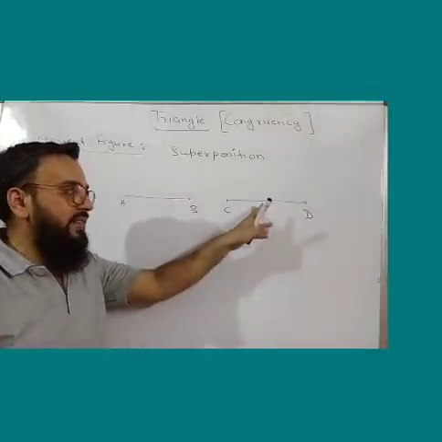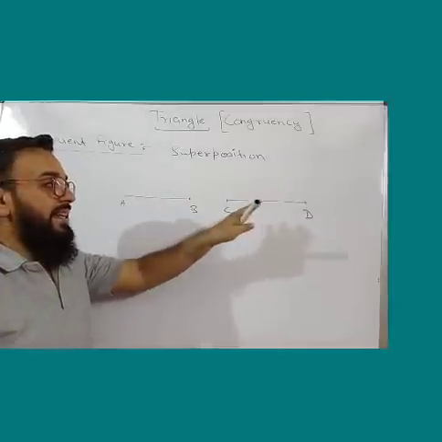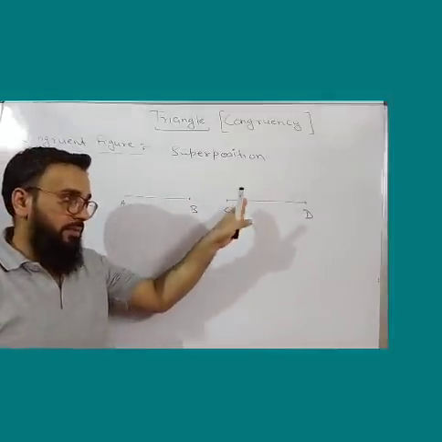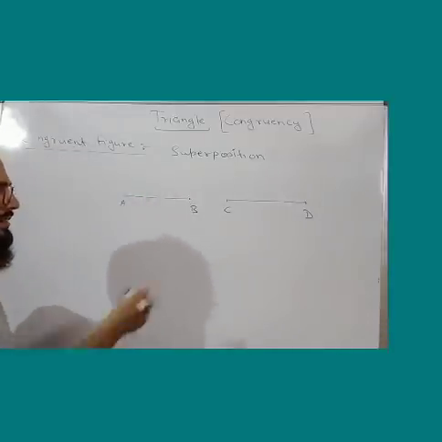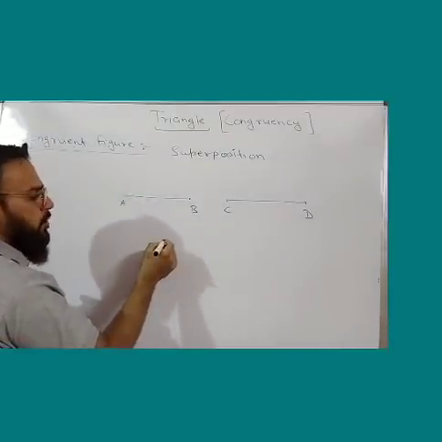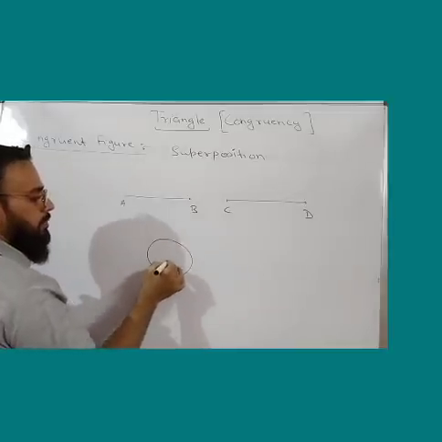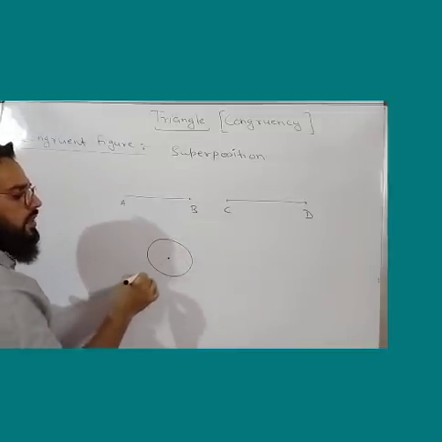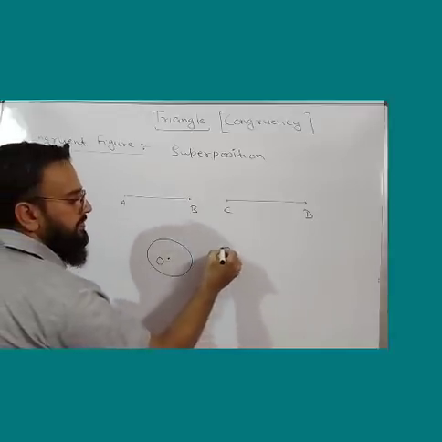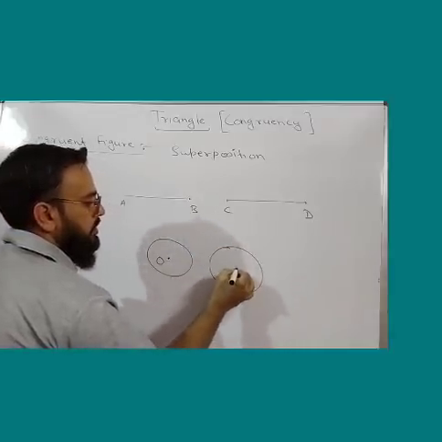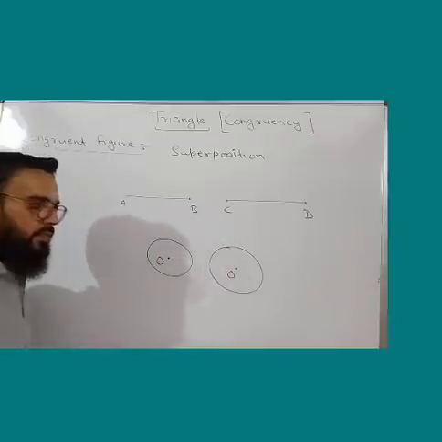Then we will say that line CD is congruent with AB. Similarly, if we are given any other figure, like a circle, suppose this is our circle and we are given another circle, suppose the center of one circle is O, and the center of the other circle is O dash.